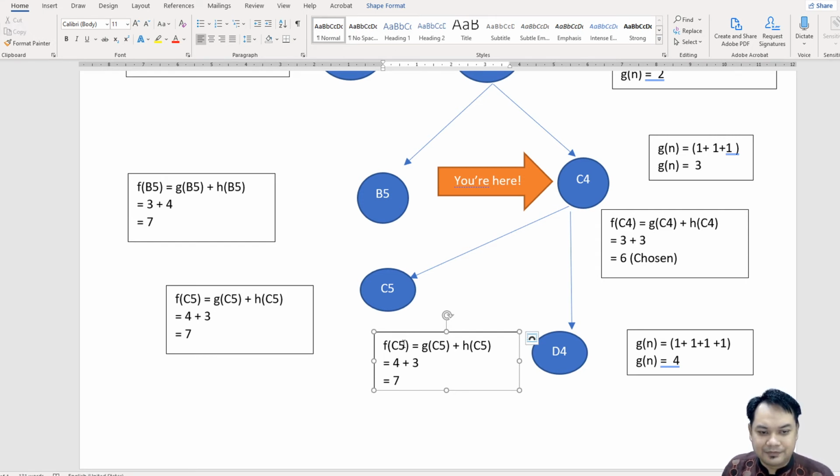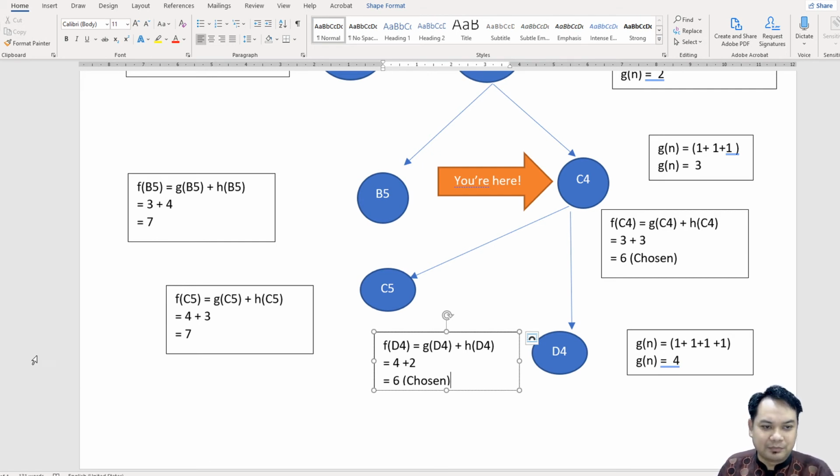So FD4, GD4, and then HD4. So you have 4 plus 2. So it should equal 6. So because 7 and 6, 6 is the lowest, so you choose this path.